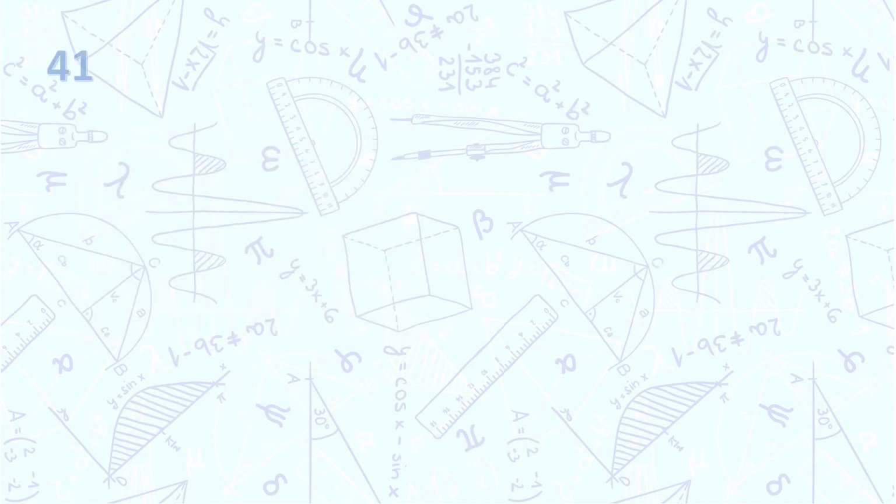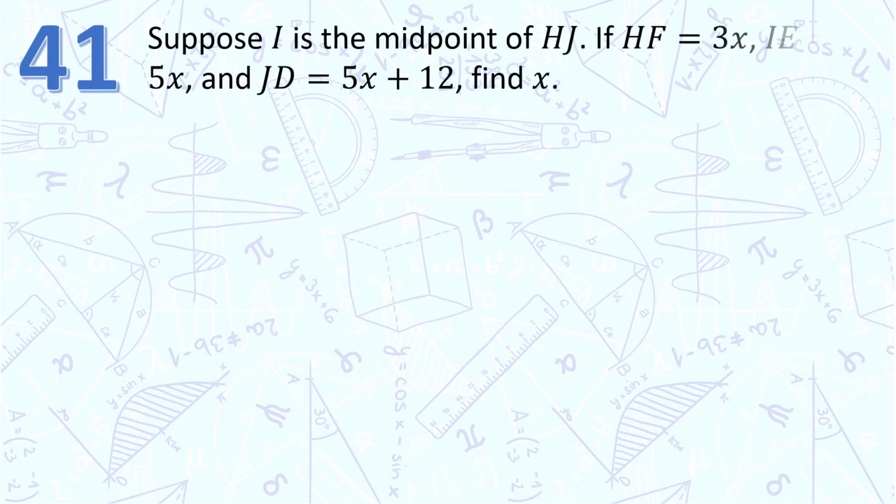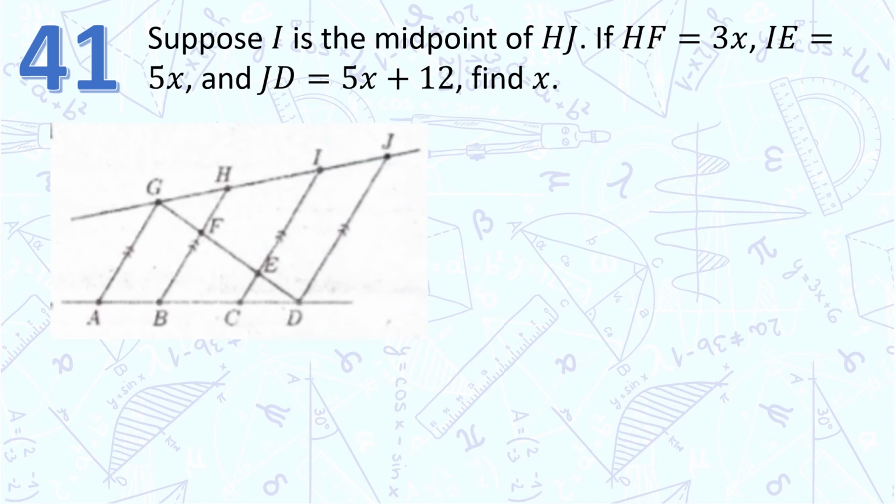Next, number 41. Suppose I is the midpoint of HJ. If HF equals 3x, IE equals 5x, and JD equals 5x plus 12, find x.